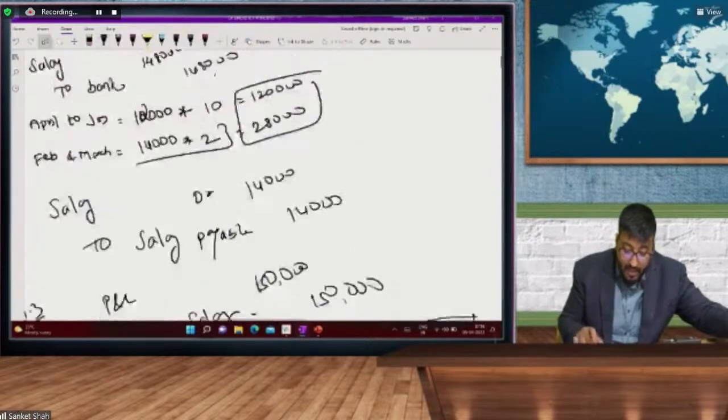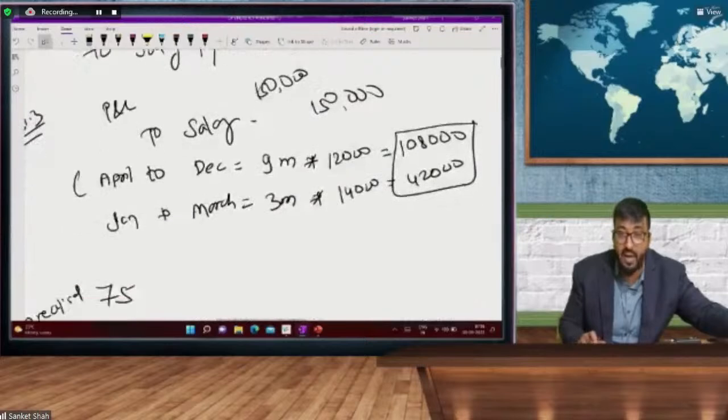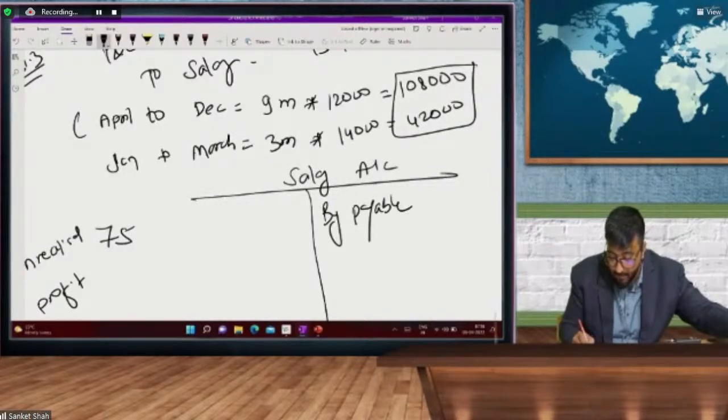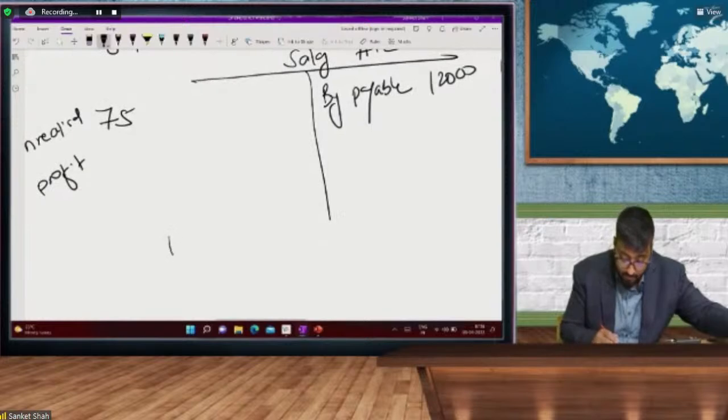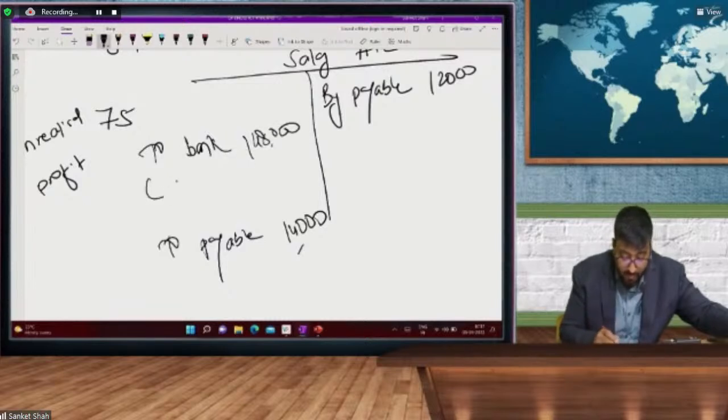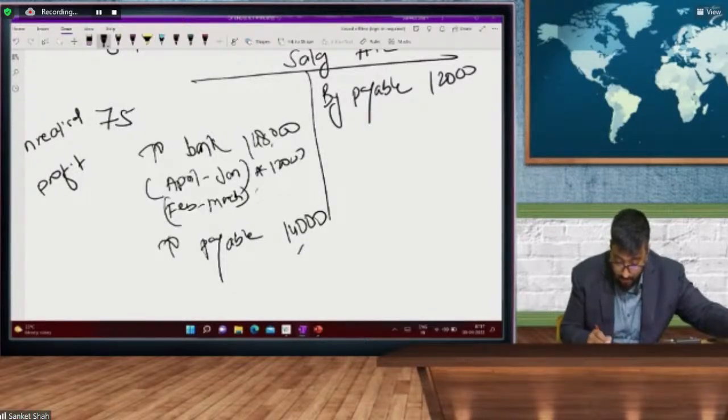See, P&L and bank are two different things. Salary account debit, to payable 12,000. See, you are getting your account tallied. To payable 14,000. To bank 1,48,000. This is from April to Jan, 12,000, and Feb, March, 14,000.